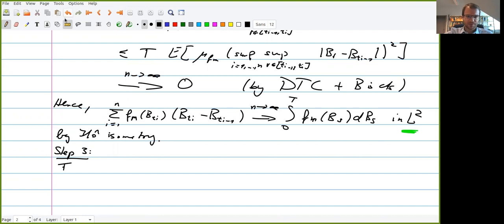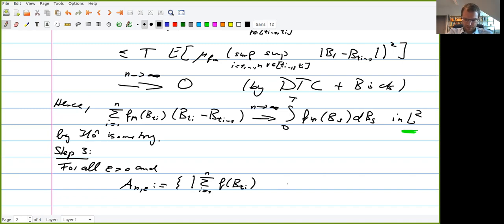So what do we want to show? I mean, we want to take any epsilon bigger than 0, and we want to introduce the set A_{n,epsilon}, which is given by the difference of this approximation minus the integral of f applied to the Brownian motion being bigger than epsilon.